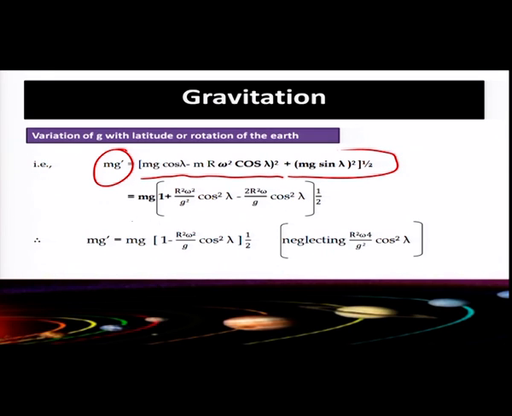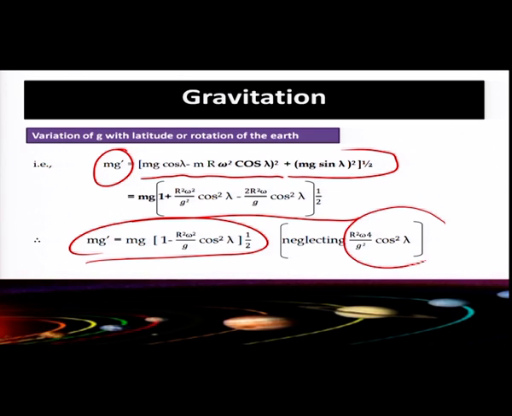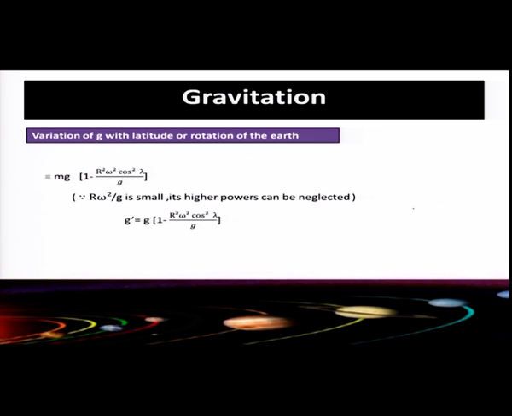When we simplify further, we get mg into 1 plus r squared omega squared by g squared, into cos squared lambda, minus 2 r omega squared by g into cos squared lambda, whole power 1 by 2. We neglect the higher order powers, r squared omega to the power 4 by g squared into cos squared lambda.